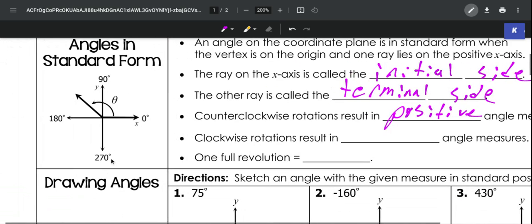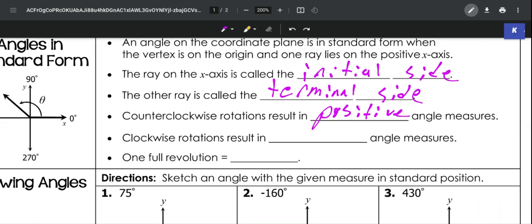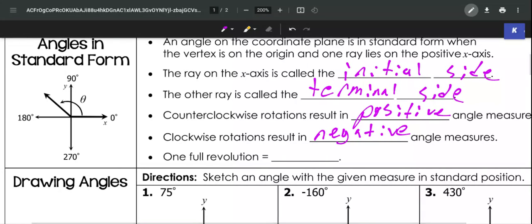If it moves clockwise, which means it starts at this initial side and moves the same way a clock would move, going this way, that would result in negative angle measures. And then one full rotation is almost like a full circle. That's 360 degrees. So that's all the information we need to know there.